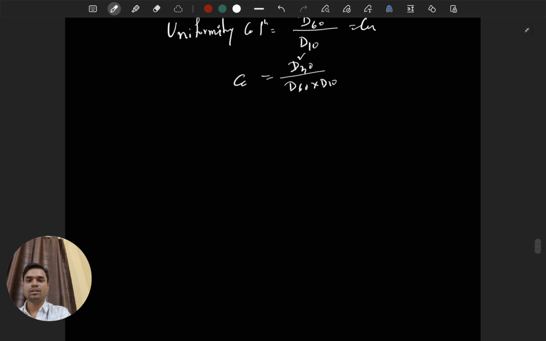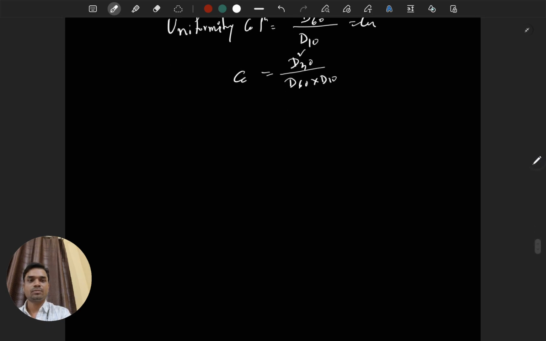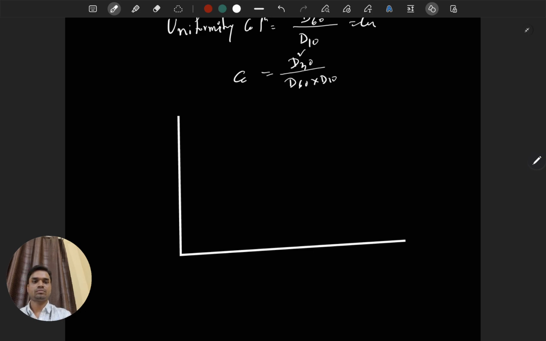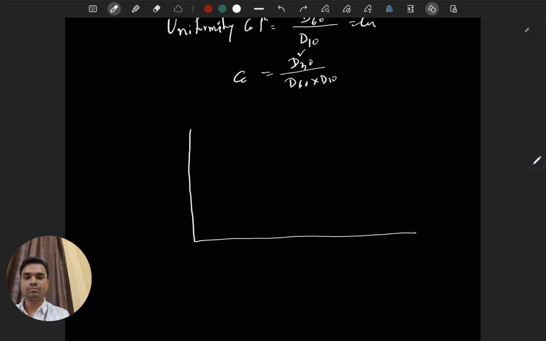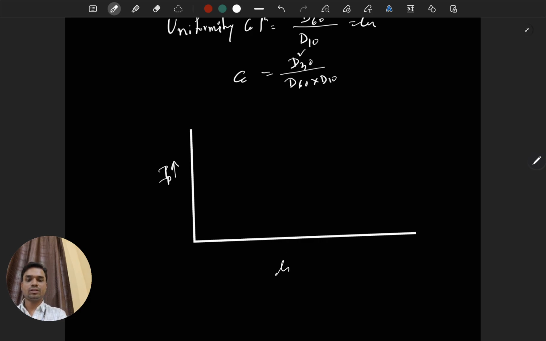Now the Indian standard classification system. Okay, IP means plasticity index and the liquid limit.